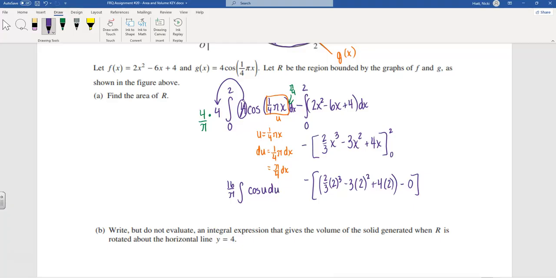You can stick with the limits of 0 and 2, but you need to put x equals. Or the better thing to do here is convert your limits, right? So for the 0, u would be 1/4 pi times 0. That's just going to give us 0. So the bottom limit stays 0. And for the top limit, I would have 1/4 pi times 2, which is going to give me 2 pi over 4, which is just pi over 2.